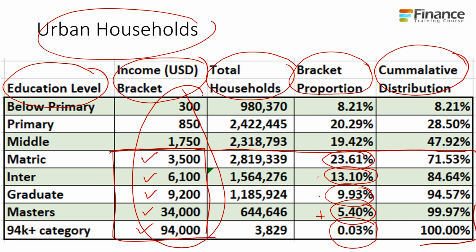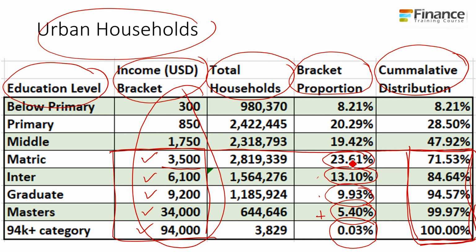So the proportion that represents more than $3,500 per year in income is about 50+% of the Pakistani urban middle class households, of which the thickest segment is the one that we start off with, which is people who earn more than $3,500 per year in annual household income, but less than $6,000.